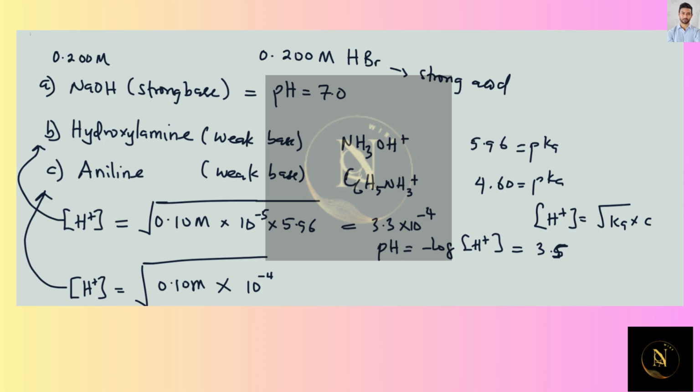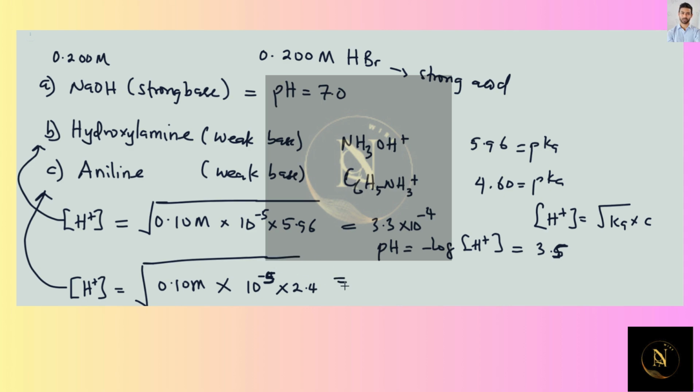So the pKa of aniline... the Ka of aniline is 2.4 times 10 raised to the power minus 5.